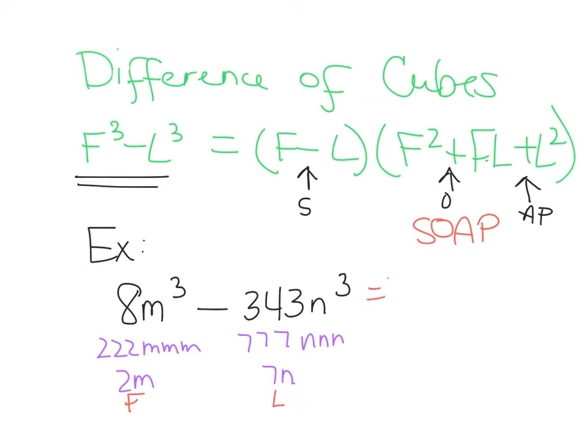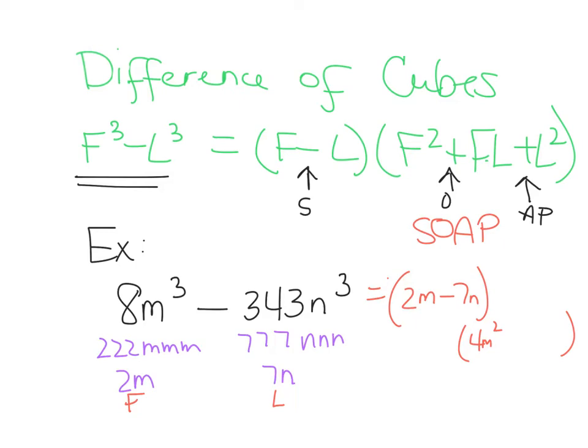So the formula says the first minus the last term, so that would be 2m minus 7n. And again, it's the same sign as the original problem. And then my second parentheses, I just can't fit it up beside it. First term squared, so 2m squared is 4m squared.